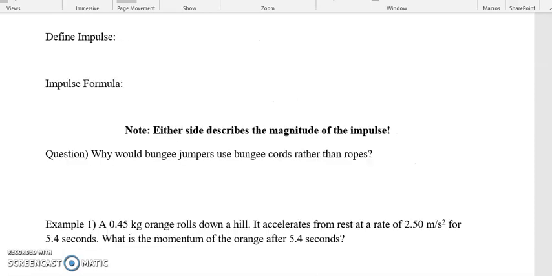So the next thing we're going to take a look at is a definition of impulse. That definition of impulse is simply just the change in momentum. Because it's just a change of something we already got, we don't have a separate unit for it. It's just simply the change in the mass and velocity product.